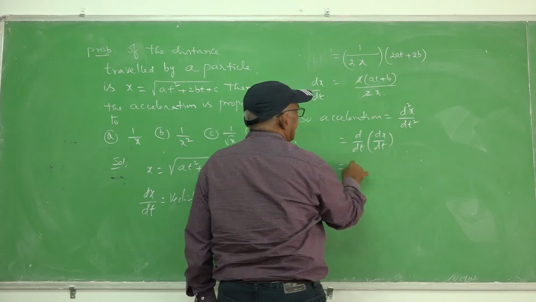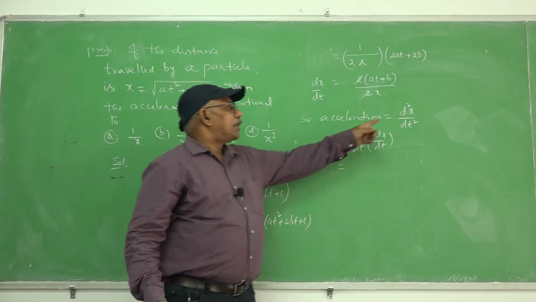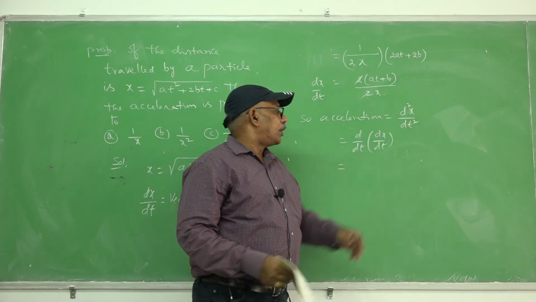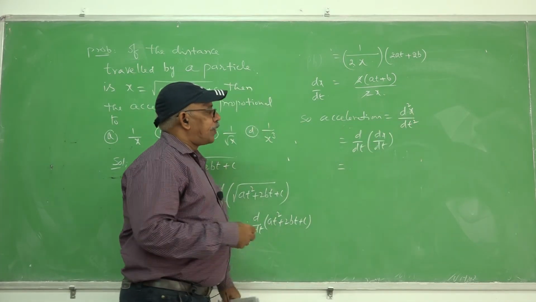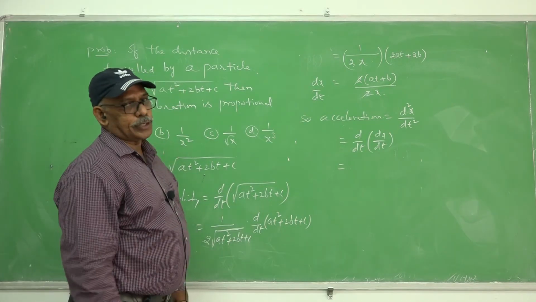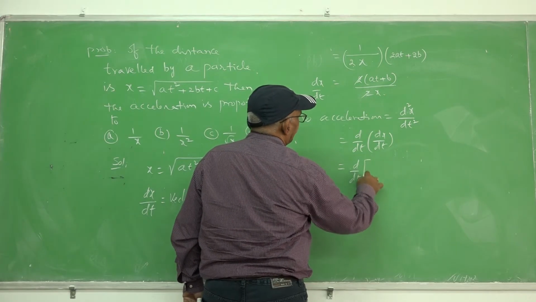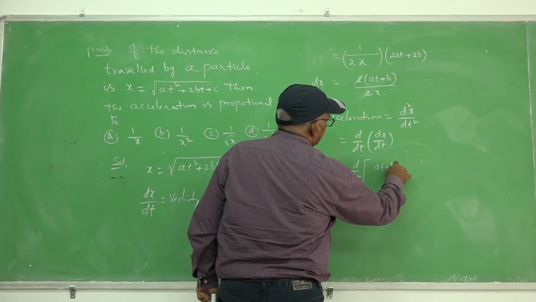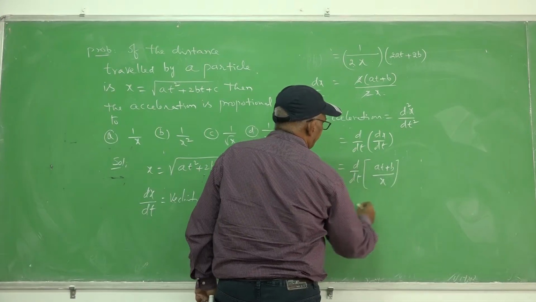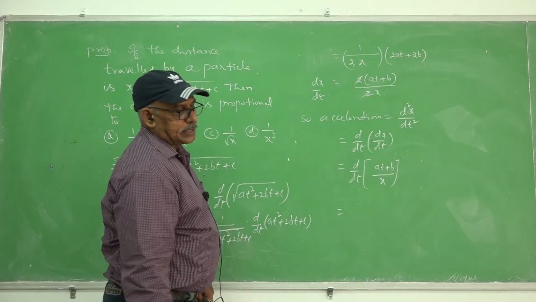That means the second order derivative of x with respect to t. Differentiating x with respect to t once and again differentiating with respect to t, we get the second order derivative. That is d by dt of at plus b by x itself.